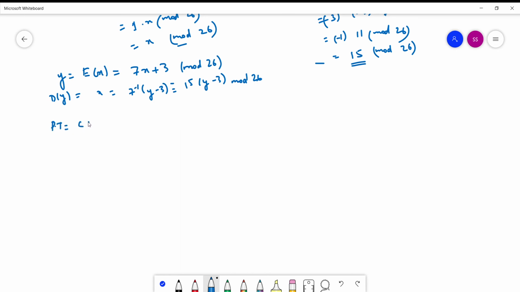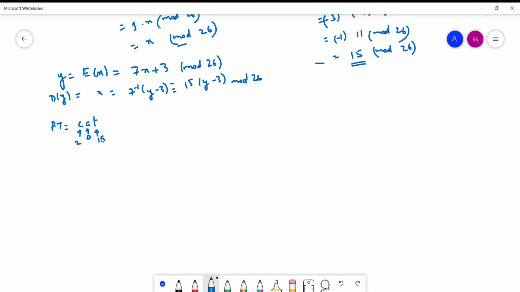Okay, so what I will do, I will take a word, let's say I choose a plain text is equal to cat. So if you see the numeric value of cat, numeric values start from 0. So for a it's 0, for b it's 1, for c it's 2, and for t it's 19.